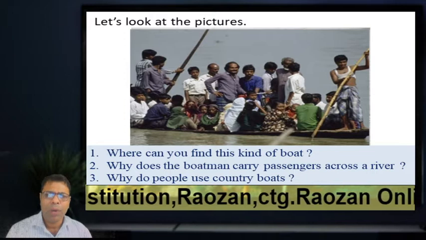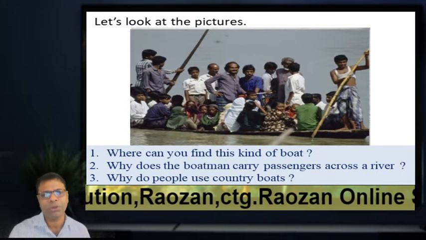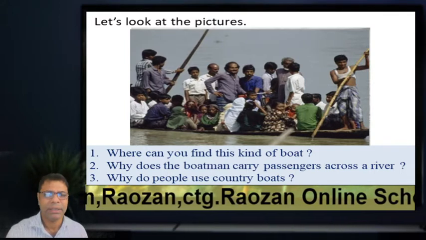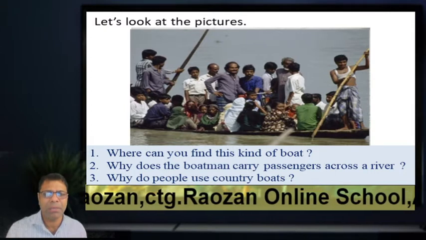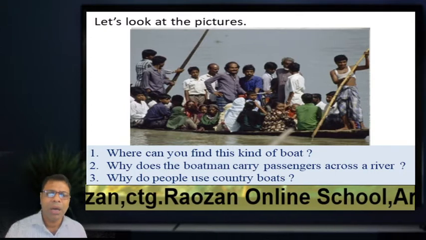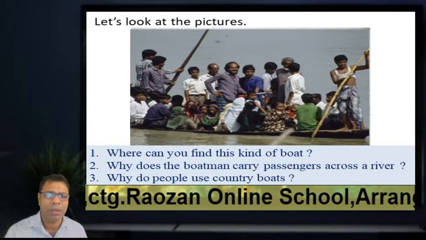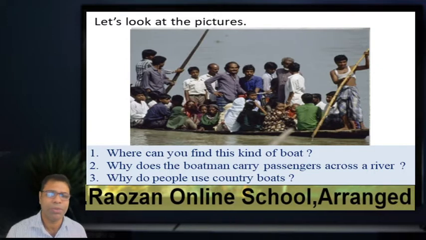And what about the last question? Why do people use country boats? I think country boats are handy. That means the country boat can be made by the rural people, and these boats are easily available. So people use this type of boat.